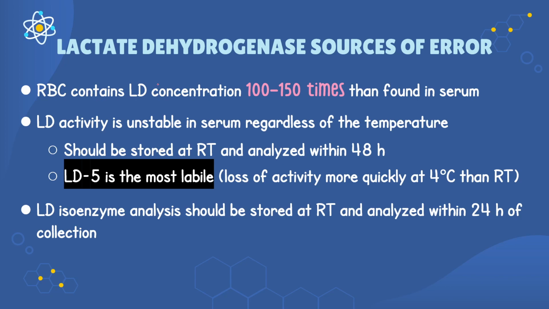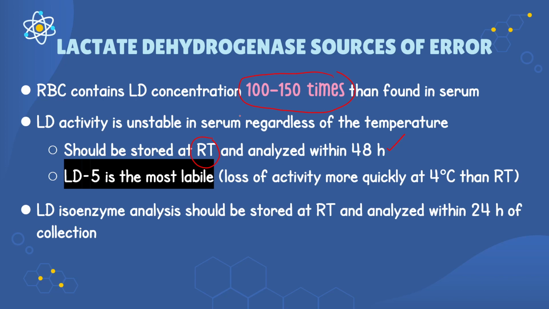RBC contains LD concentration around 100 to 150 times than found in your serum. Now, LD activity isn't stable in your serum regardless of temperature. So, meaning to say, kids, your sample should never be refrigerated. It should only be stored at room temperature and should be analyzed within 48 hours.